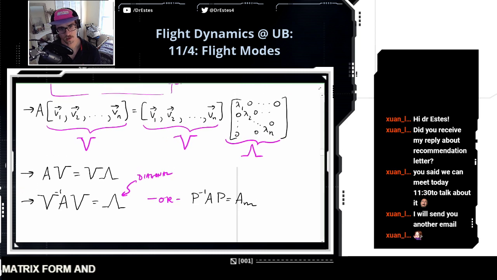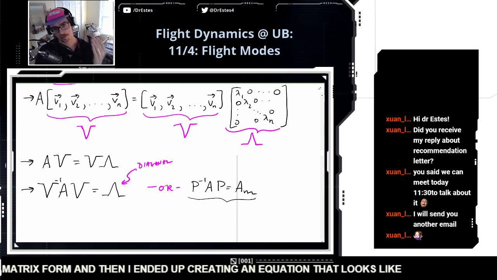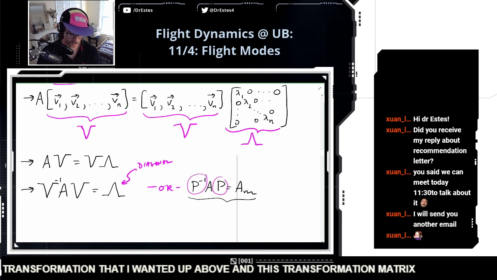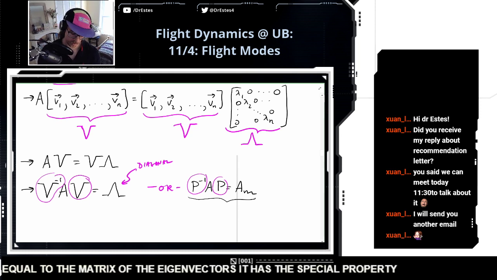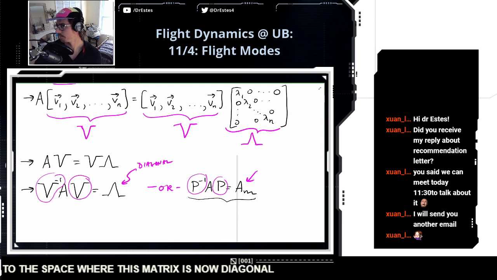And then I ended up creating an equation that looks like the transformation that I wanted up above. And this transformation matrix, which is equal to the matrix of the eigenvectors, has the special property that it takes us to this space where this matrix is now diagonal.